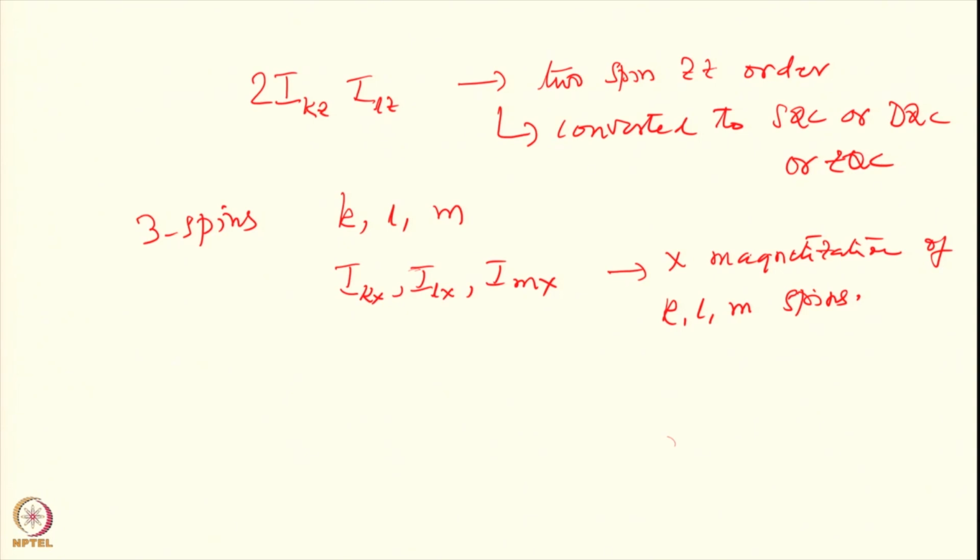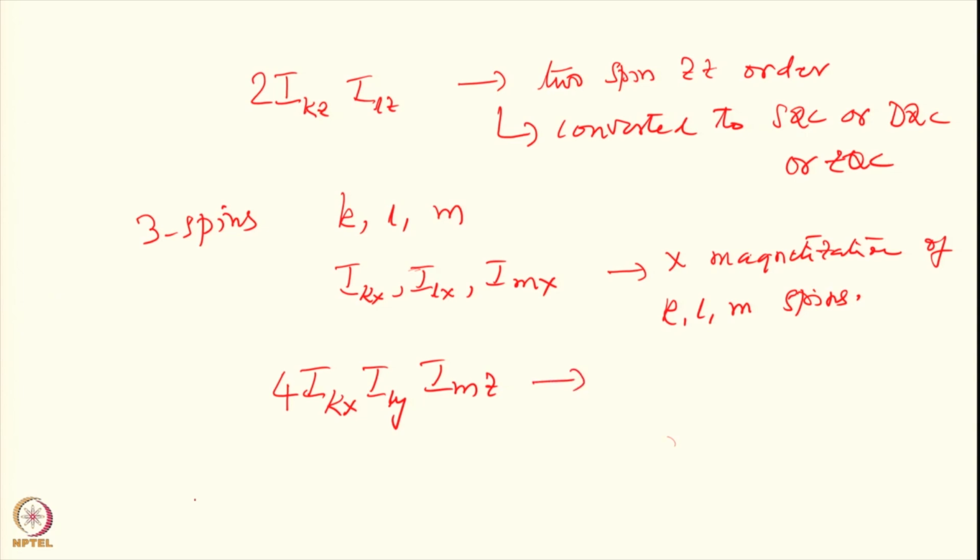Now, there can be 3 spin terms. 3 spin terms are like, suppose I have things like 4 IKX ILY IMZ. Suppose I have a term like this, I get a term in the magnetization pathway. What does this imply?